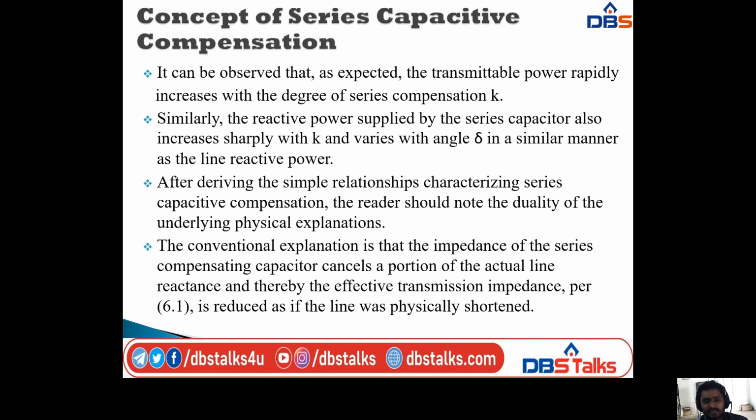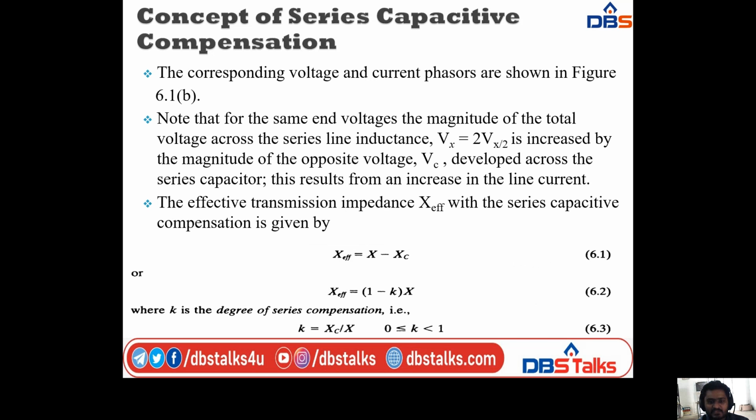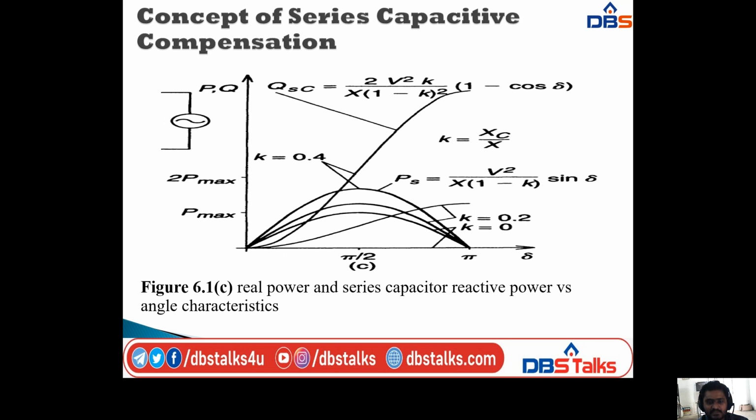The conventional explanation is that the impedance of the series compensating capacitor cancels a portion of the actual line reactance and thereby reduces the effective transmission impedance. That is the first equation we have, X effective is equal to X minus X_C. So this is the cancellation of a particular portion.